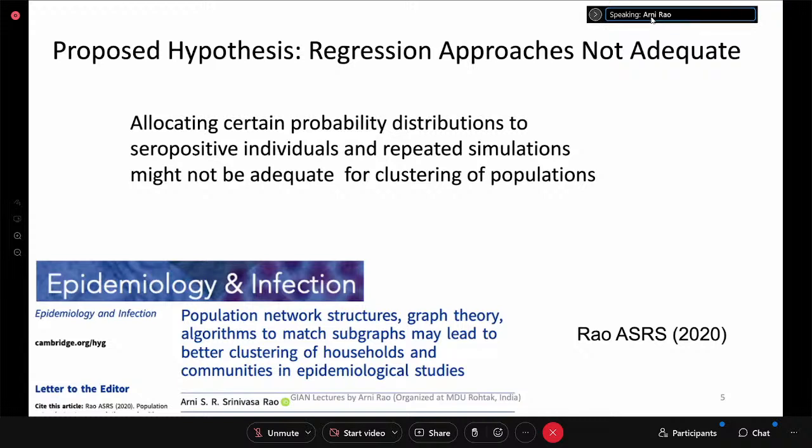Even though I could develop a deterministic mathematical model, in this case I thought that some sort of probabilistic model would be more appropriate. These models capture not only the probabilistic nature of the behavior, but also the network among these injection drug users. I will also share this article after the talk with all of you. Through this article I promoted a new approach using networks and probability within the networks.